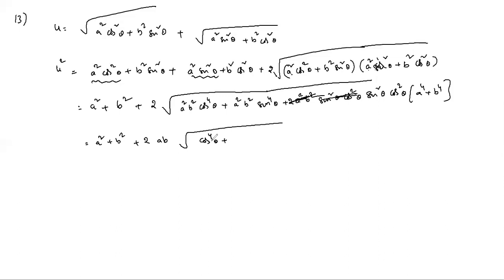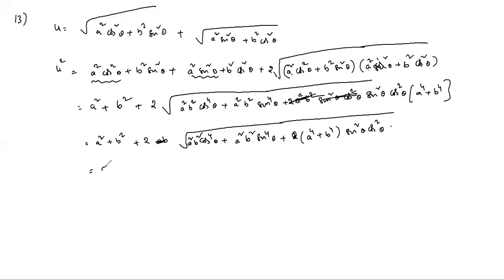Cos 4 theta into a square b square plus a square b square sin 4 theta plus 1. a power 4 plus b power 4 into sin square theta cos square theta is there. So there's no ab outside. Maybe we will get outside. Correct, this one just we are multiplying.